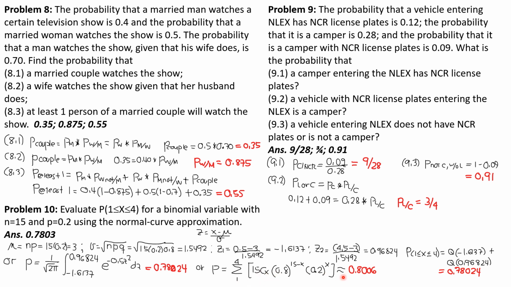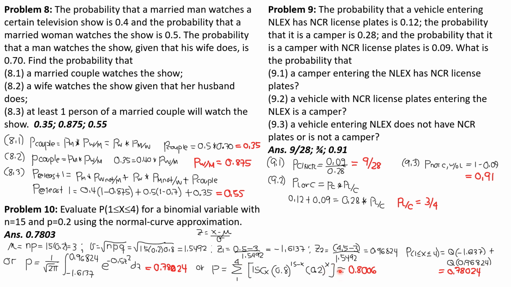So we use the binomial distribution. Remember, probability in repeated trials, binomial: nCx, then the probability of failure q raised to n minus x, times the probability of success p raised to x, and sum from 1 to 4.